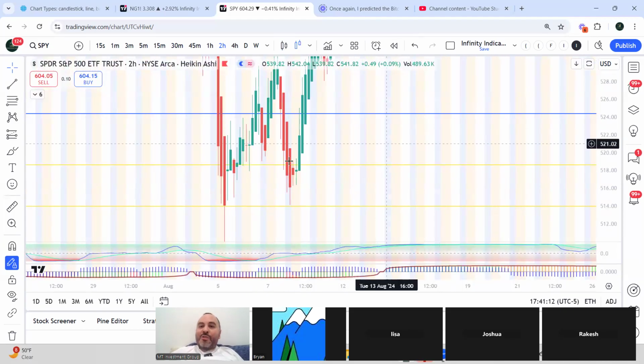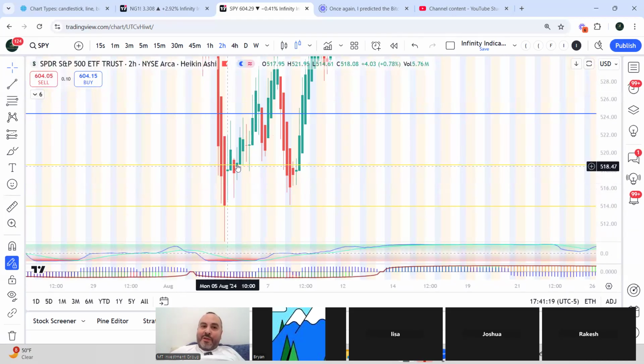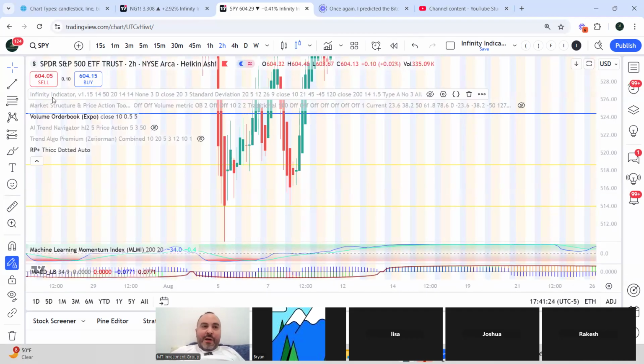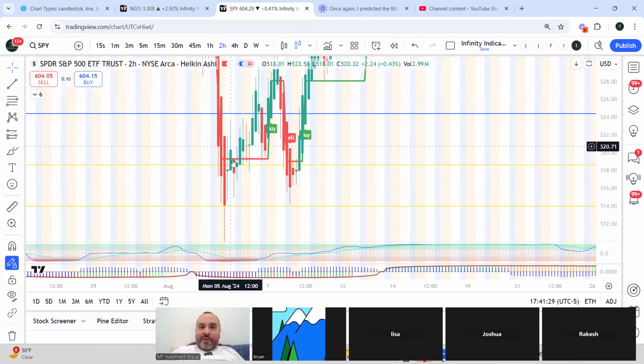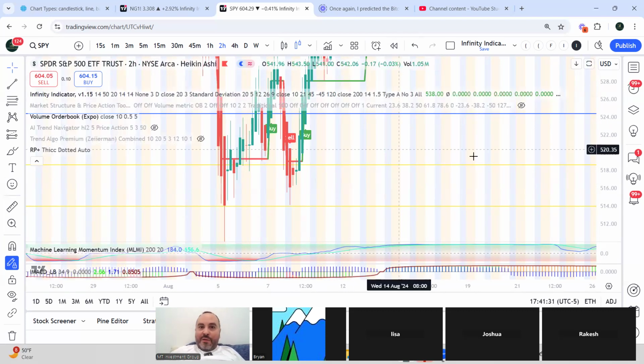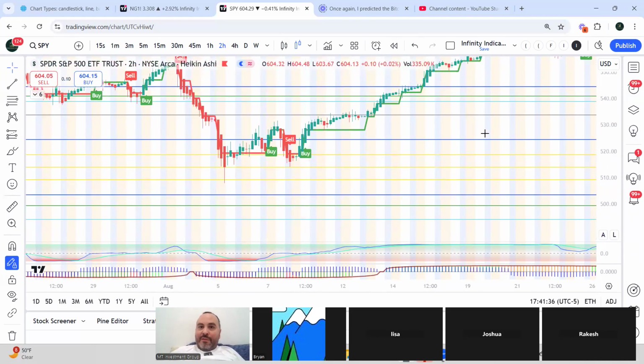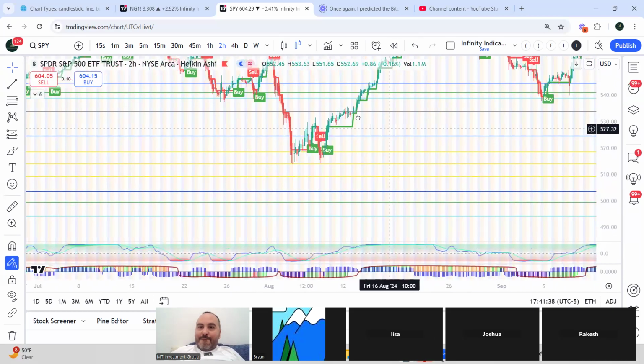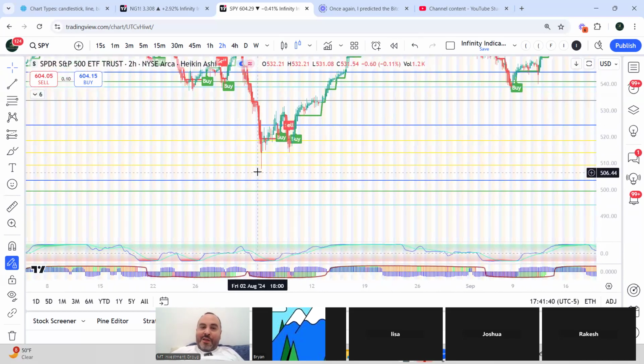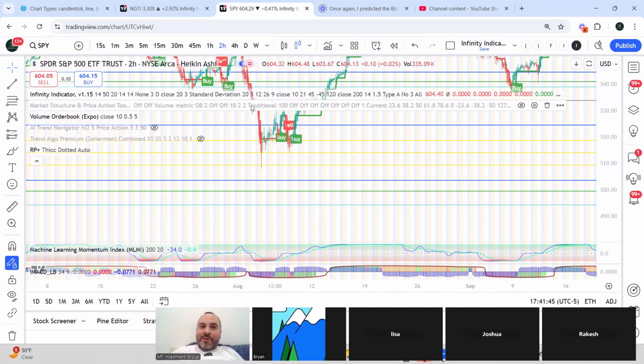Also, you can one up that. What is this, August 5th at 10 o'clock? Okay, so you can also use the infinity indicator. Granted, I don't know what these settings are at.